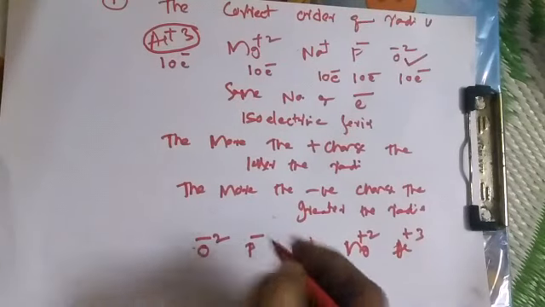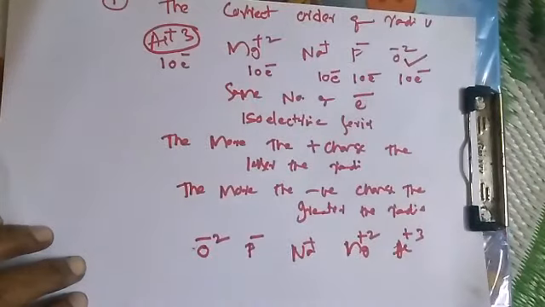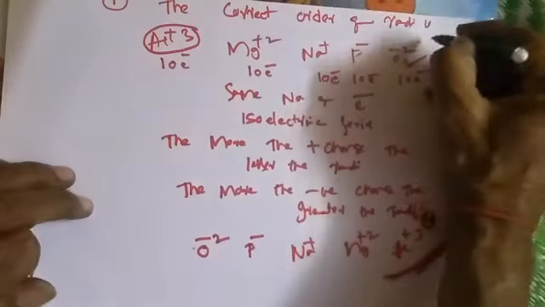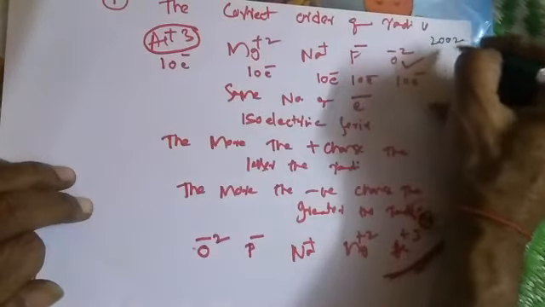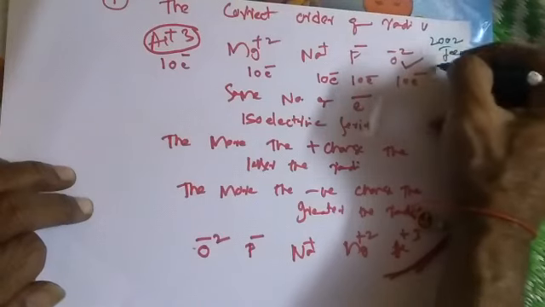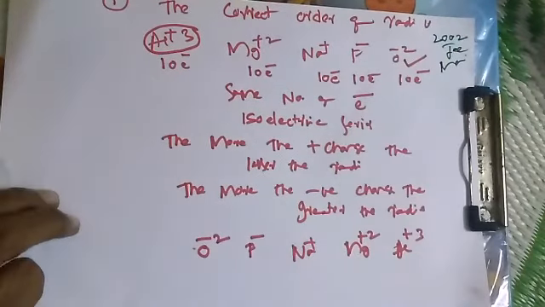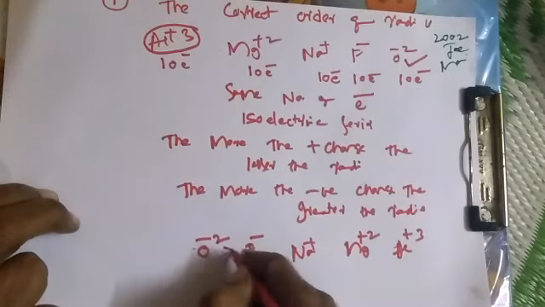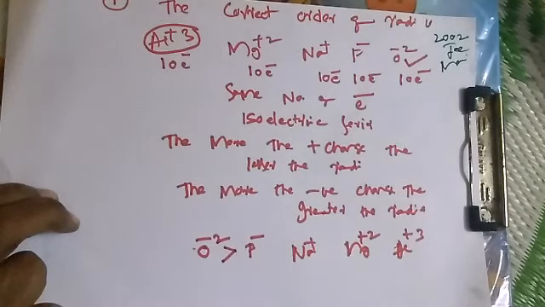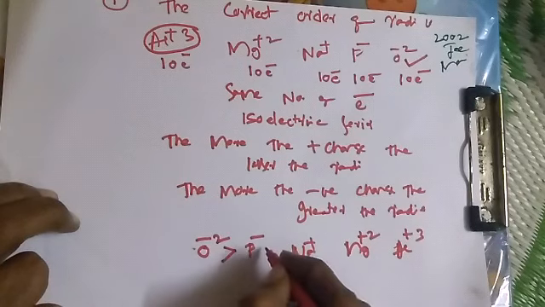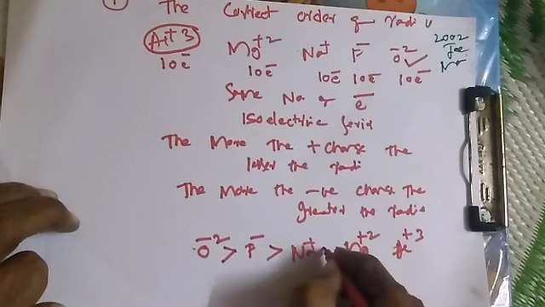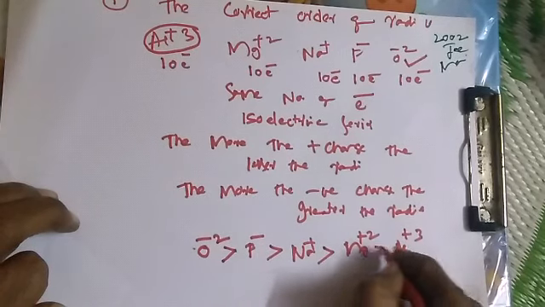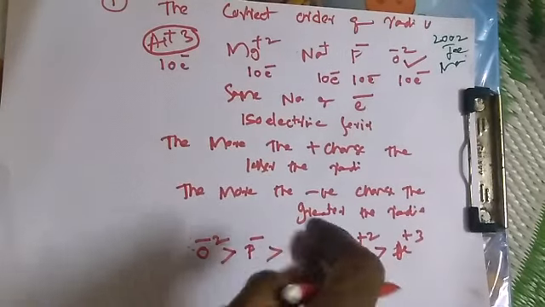This is a very vital, most important 2002 JEE Mains bit. So the order is O minus 2 greater than F minus, greater than Na plus, greater than Mg plus 2, greater than Al plus 3.